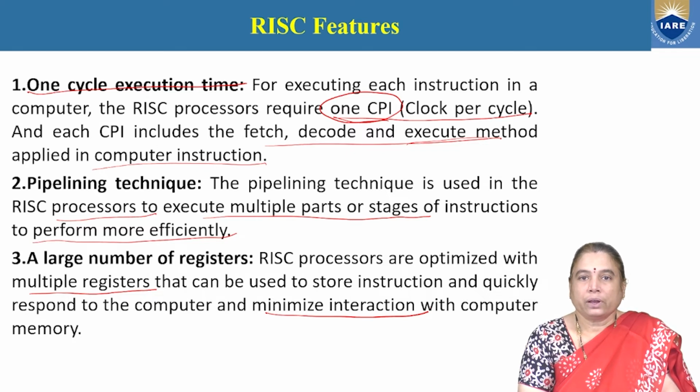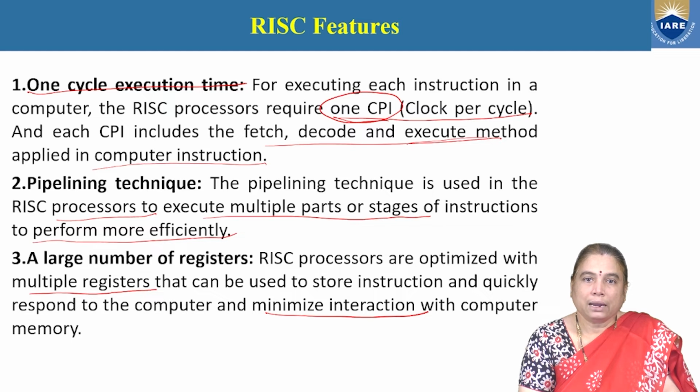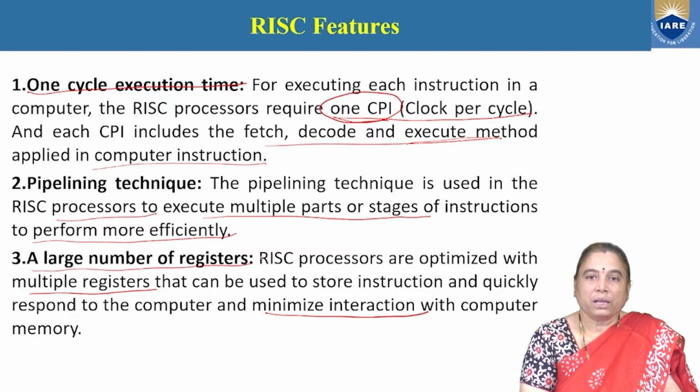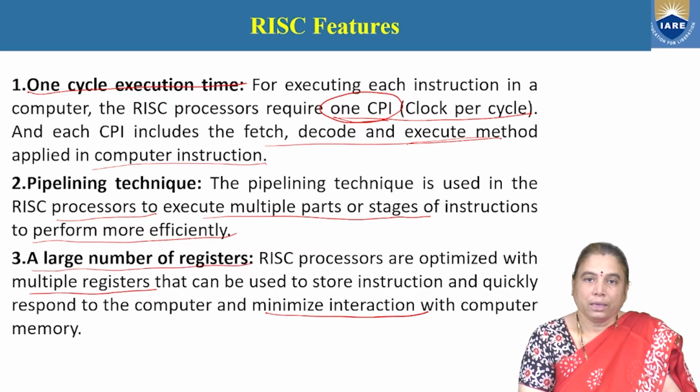So fetching of data has to be minimized, so that the data is readily available within the processor and the computational task can be done quickly. This feature facilitates a large number of registers, thereby increasing computational power.